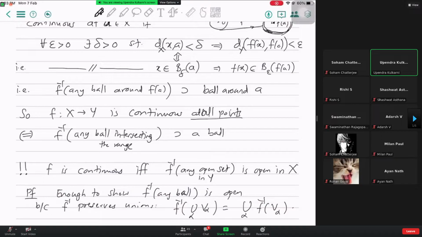All right. Now, why is the inverse image of a ball open? We have already taken care of the case where the inverse image of a ball may be empty, in which case it is open. But suppose the inverse image of a ball is not empty, then why is the inverse image open?